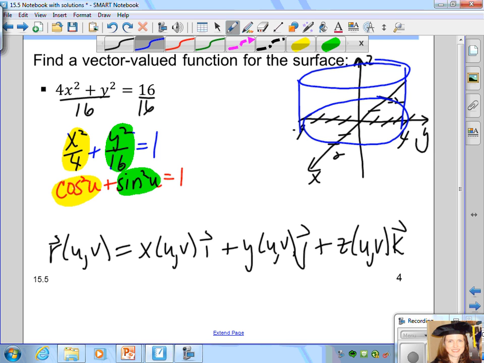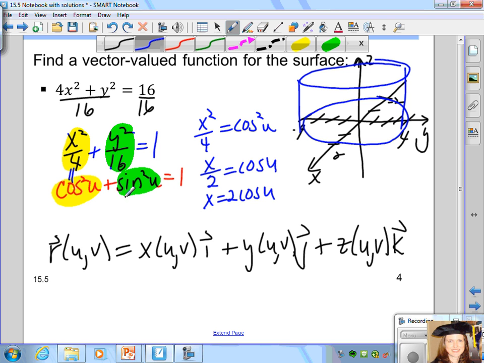So if we let x squared over 4 equal cosine squared u, and take the square root of both sides, you get x over 2 equals cosine u, and then solving for x, you get x is equal to 2 cosine u. In a similar way, you would find the equation for y.